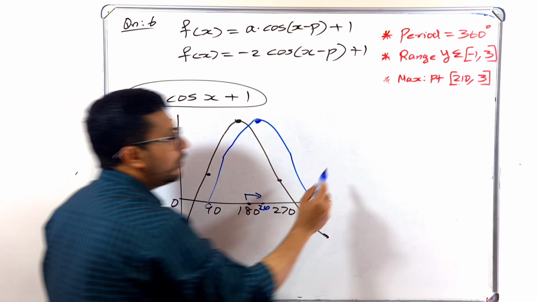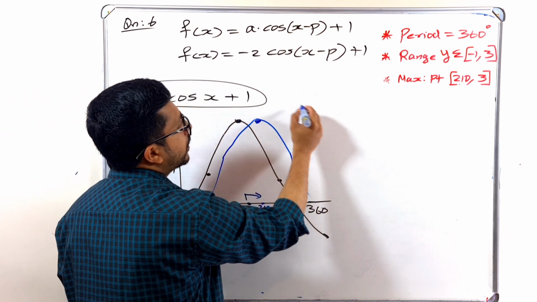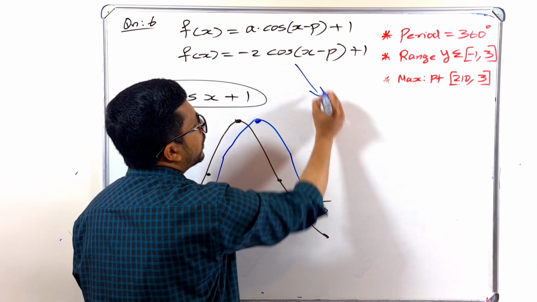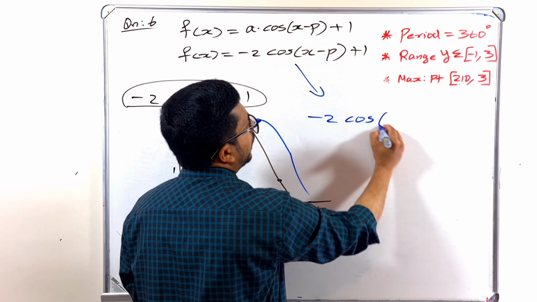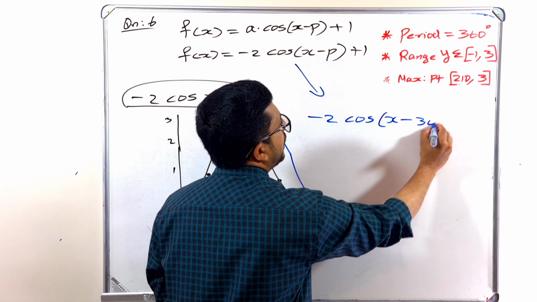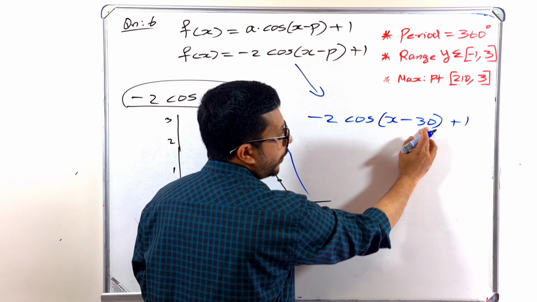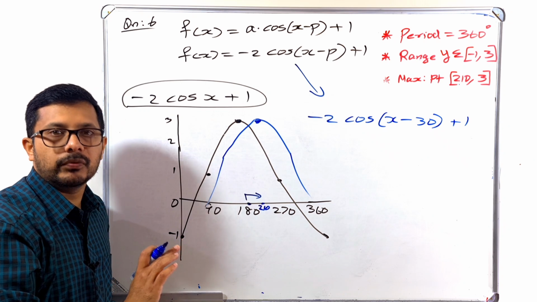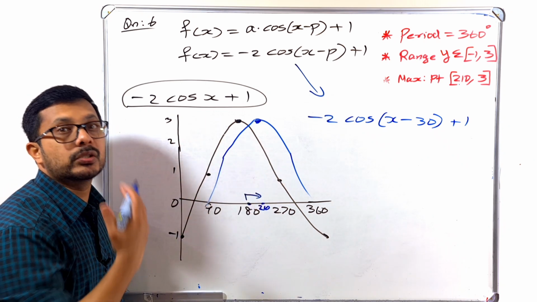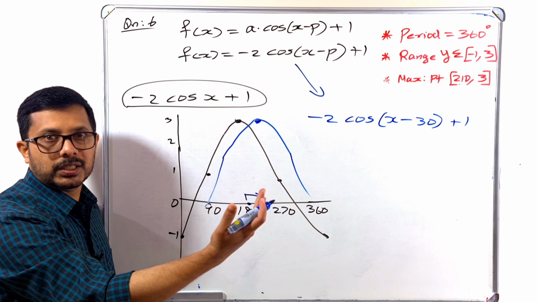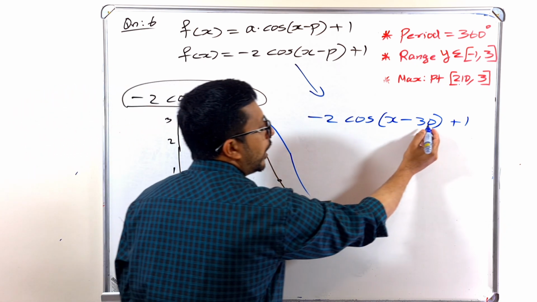Okay, so if it is 30 degrees to the right, what are we supposed to write? Minus 2 cos x minus 30 plus 1. When it is minus 30, you know that one, it is 30 degrees to the right, not to the left. You understand? So here what is the value of p?